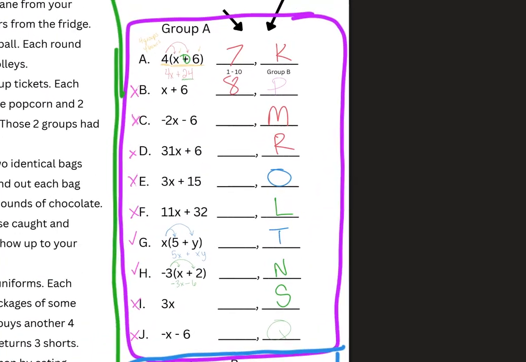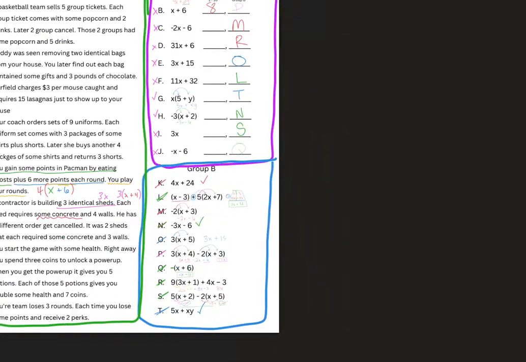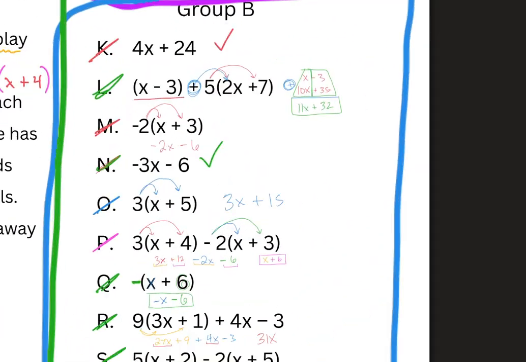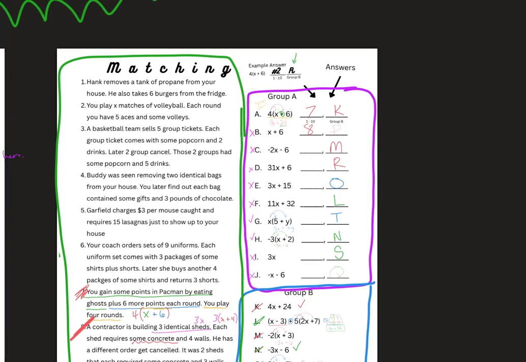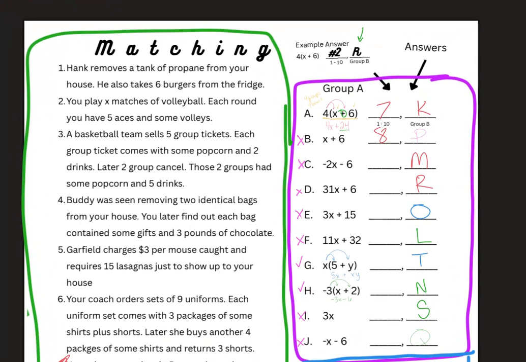No, C is negative 2x minus 6, but C also matches with M. Looks like 2 groups, losing 2 groups. So which one's talking about losing 2 groups? Hank removes a tank. Nope, not just one tank. You play X matches. There's a 5 involved, no thanks. 5 again.